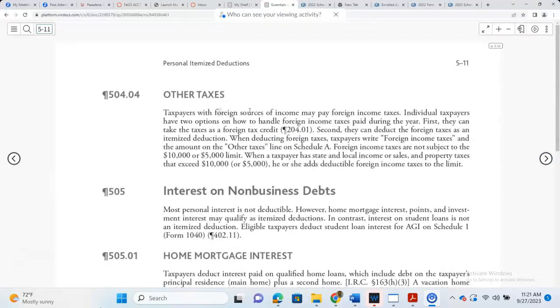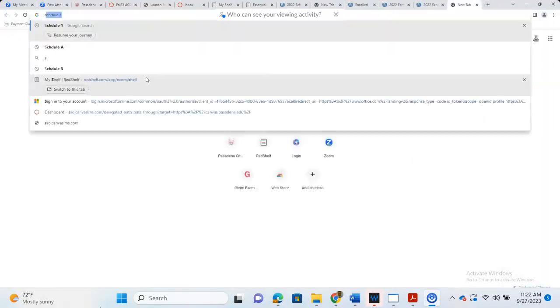Other taxes, like foreign source of income taxes, you can put in itemized deductions, but I suggest not to. It is better to put it in a schedule, I don't know, maybe Schedule 1 or 2, or 3. Let me see.